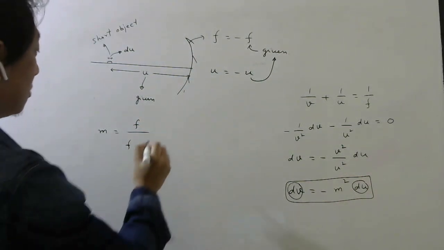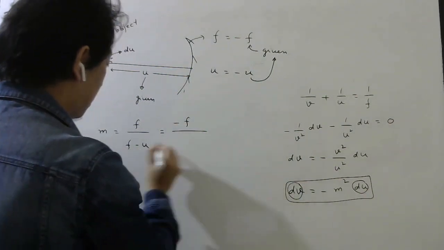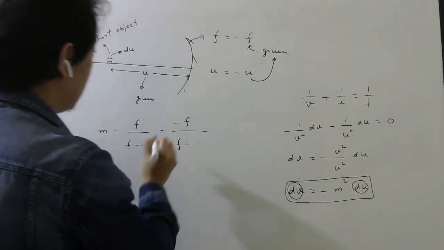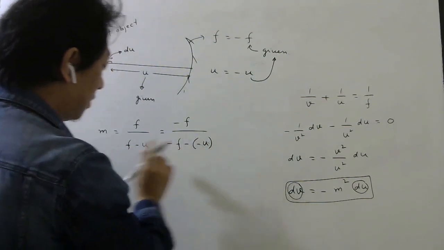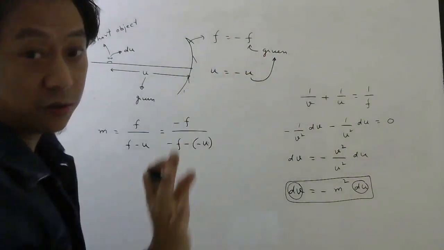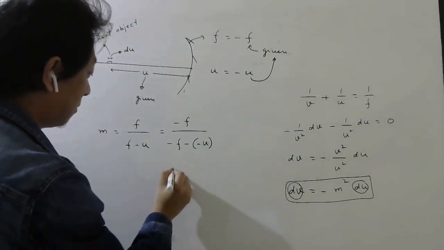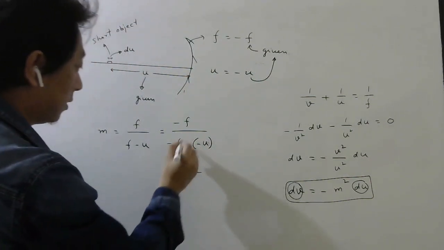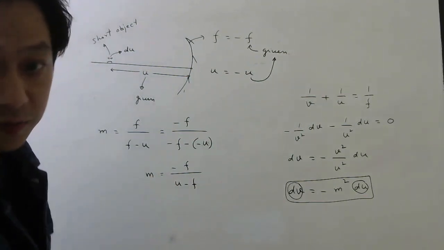Remember, right? So f is how much, given here? Minus f. F is minus f. U is minus u. Okay, so this u is the u in the formula. This u is given in the question. So we have to put with sign. So this will be minus f by u minus f. That will be our magnification.